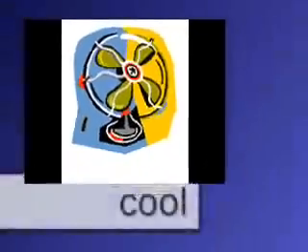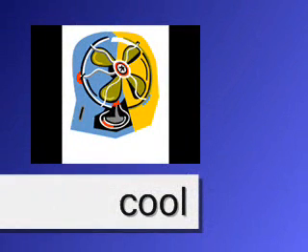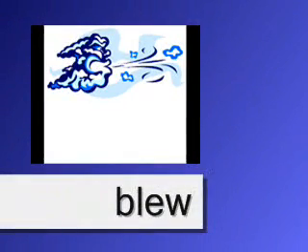Then there's OO long, as in the word cool or room. The OO short, as in look or cook. EW, as in the word blue, says ooh, the same as OO long.